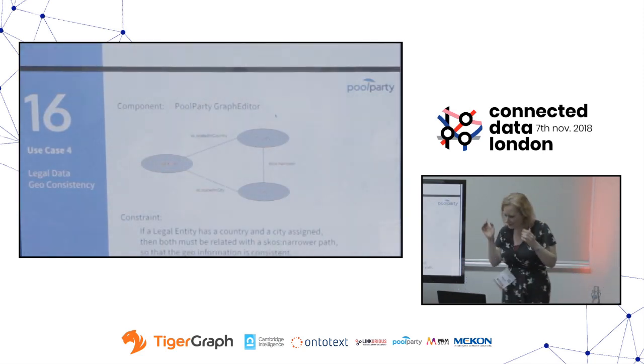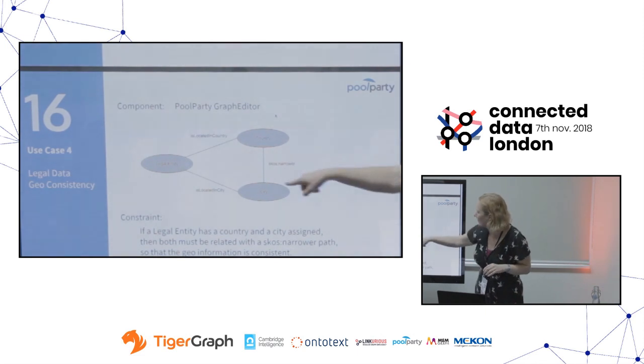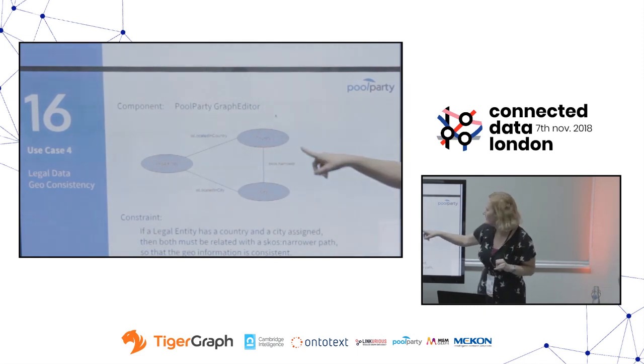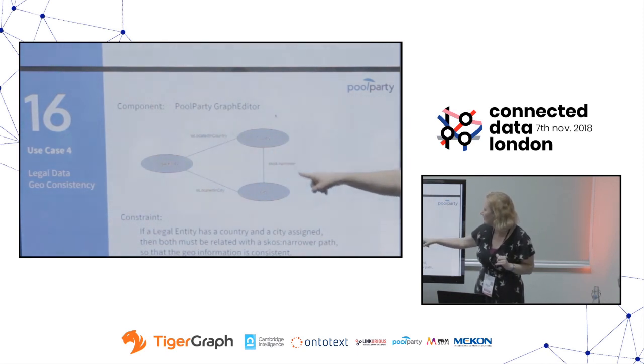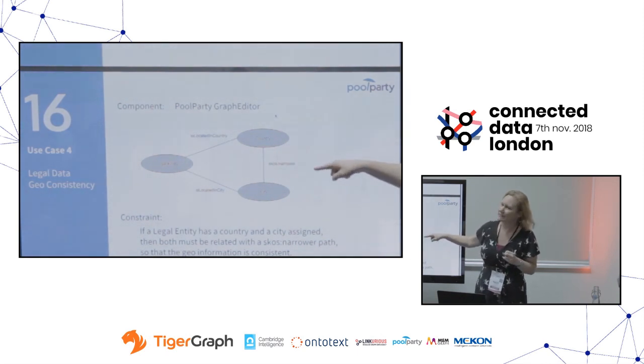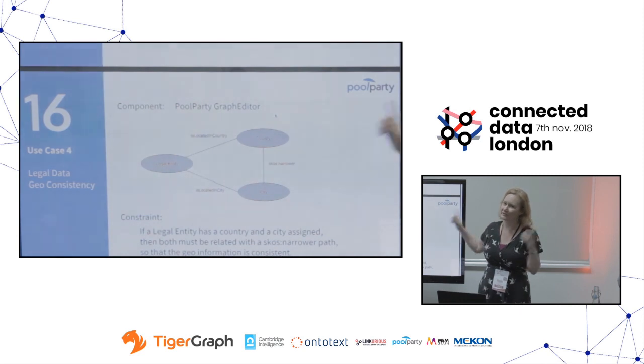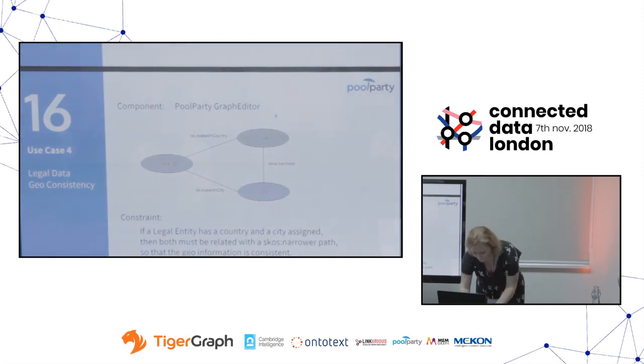Okay, so the next use case, you can see it's visually modeled in this shape. Basically it says a legal entity is located in a city and a country, and the city has to have a narrower relationship to the country, so the city has to be in the country.